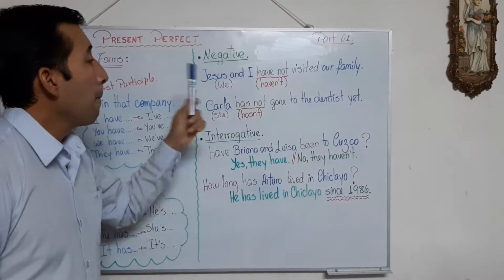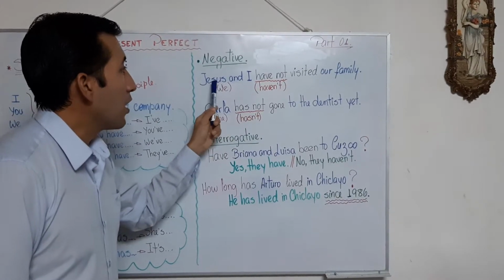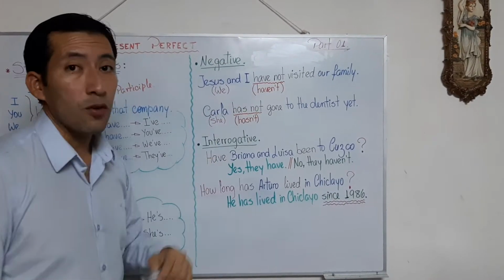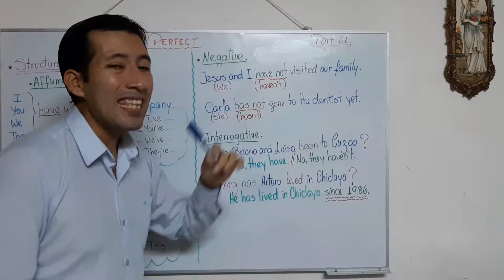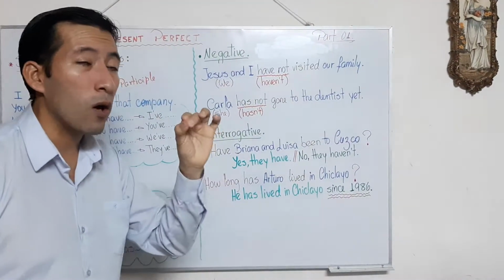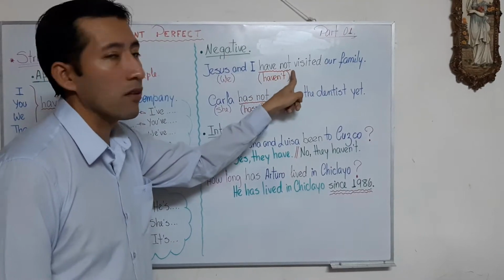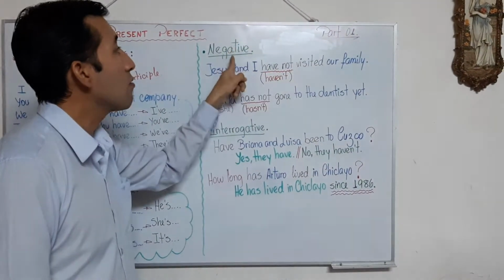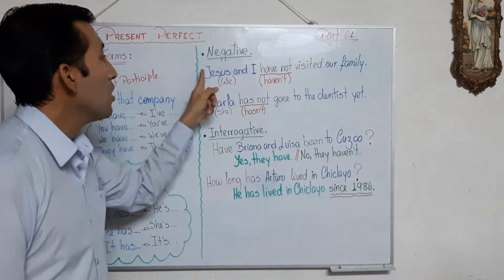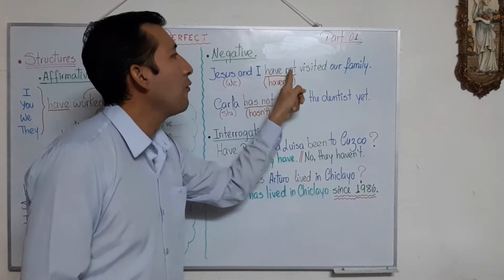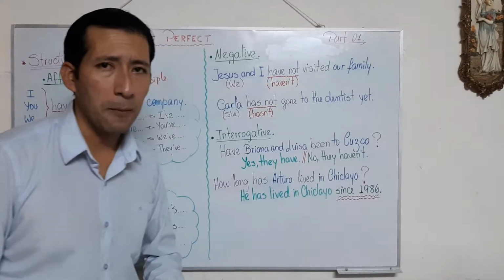So for example, I have Jesus and I, obviously we have, plus not. That's why we say negative. We need to add not to the sentence to change it to negative. So Jesus and I have not visited our family.